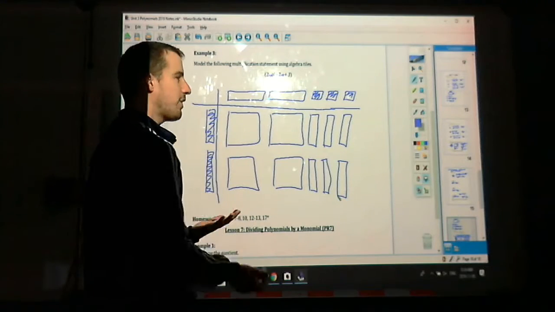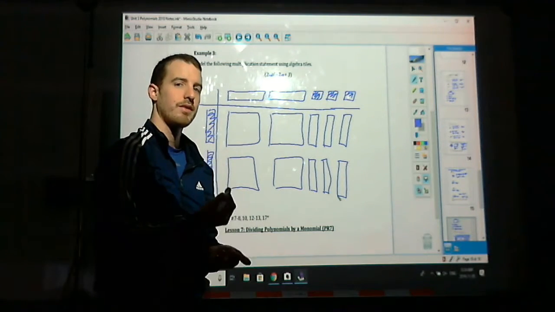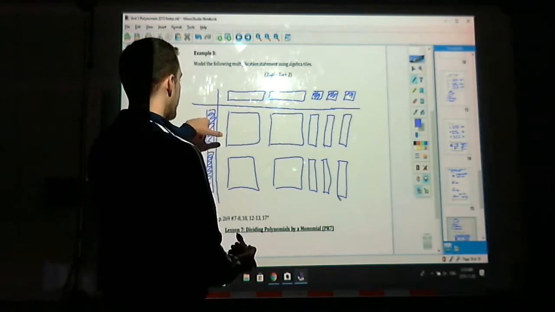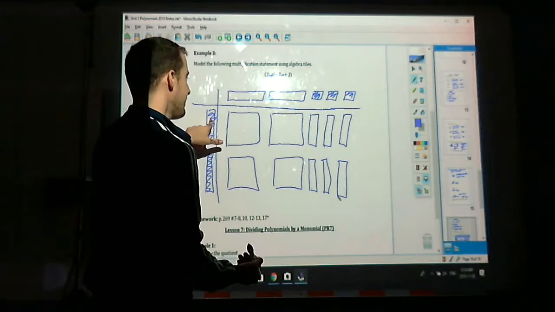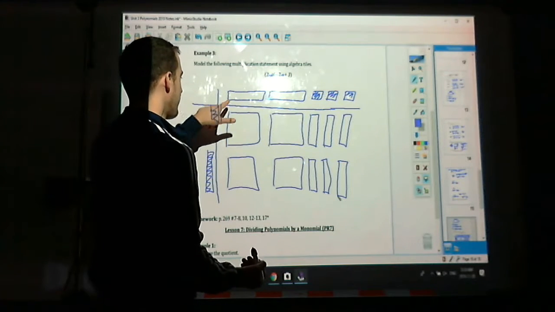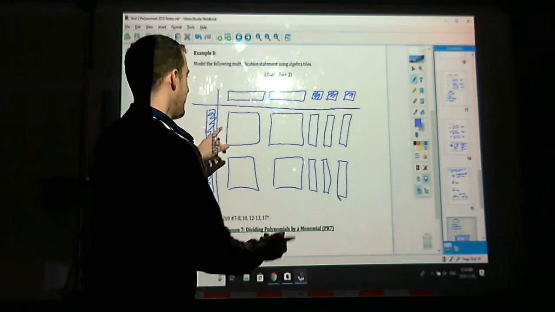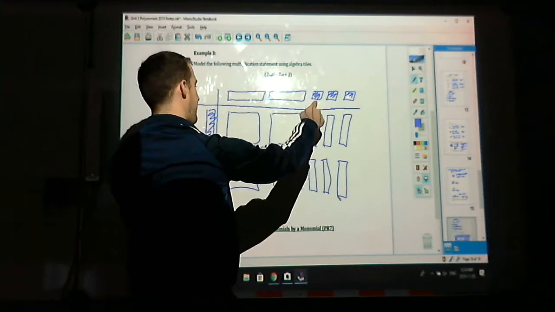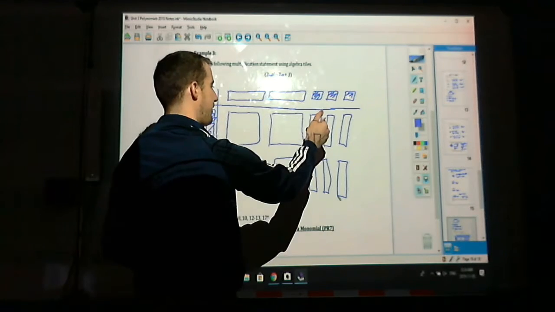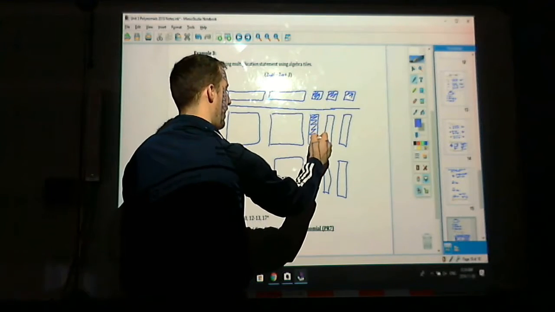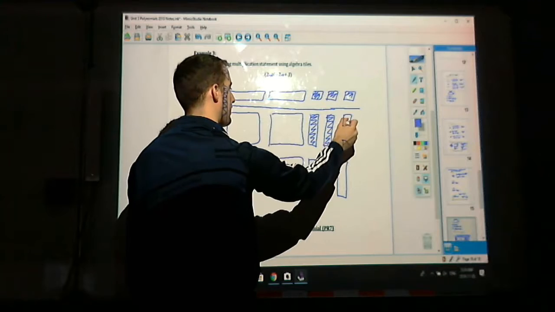To figure out the positives or negatives, it's a pretty simple step. If these are different colors, or one's filled in and one's not, it's going to be negative. So if they're different, it's negative. If they're the same, whether it's positive, positive, or negative, negative, it will result in a positive answer.